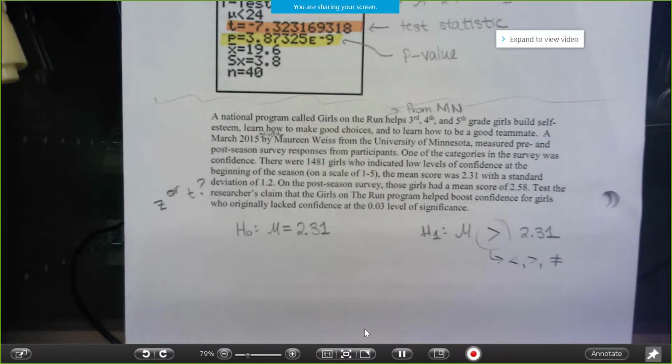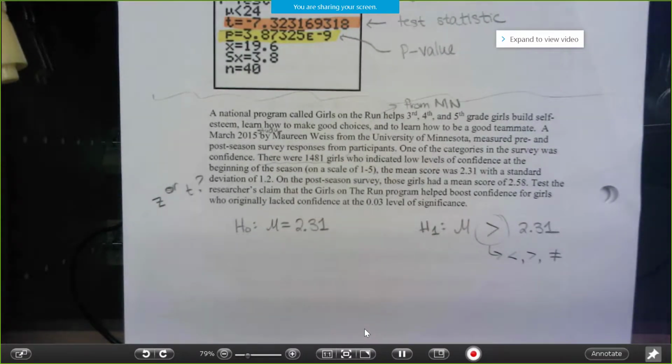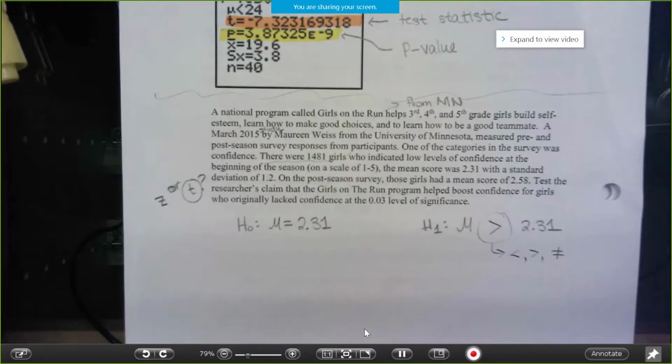So do we know the entire population standard deviation, or are we using a sample standard deviation? Right, if I'm just saying that she based her study on these girls in Minnesota, that would be a sample. Right? So we'll use T.